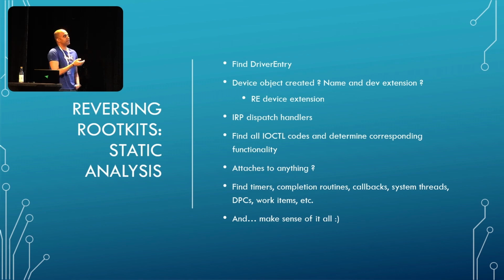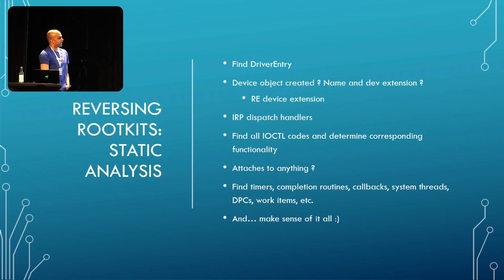So you want to identify that and understand what is being done there. Usually device objects are created, and you want to grab the names, because usually the names are how user mode will communicate with those kernel devices. Try to see if it has device extensions; you will have to reverse engineer them, and understanding that will give you very good insight into what that device's purpose is.